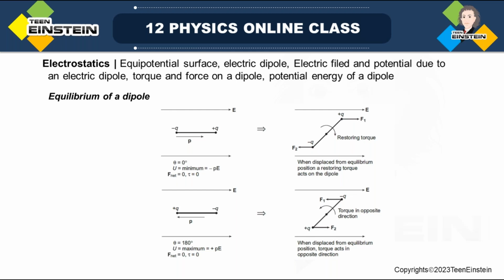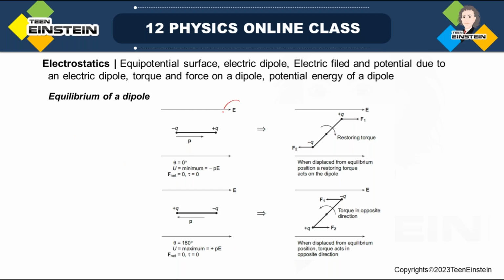So when a dipole is placed in a uniform electric field, as you know, it will not experience any force. It will only experience a turning effect or torque. So equilibrium of a dipole, how is it?